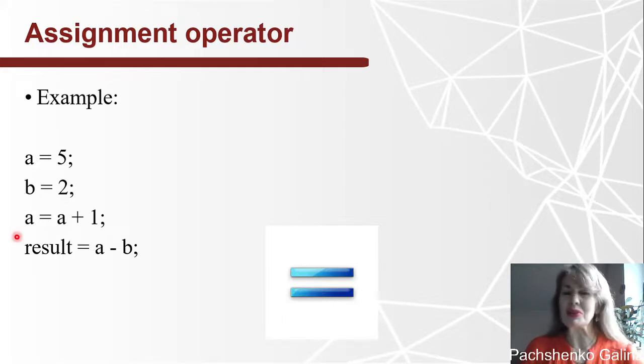And in the third line we assign the expression a plus 1 to variable a, and here we assign to variable a the result of this expression a minus b.